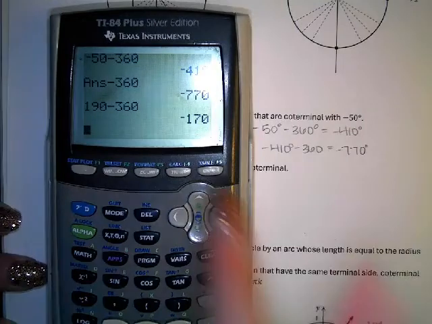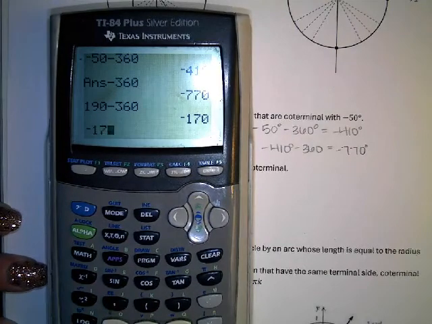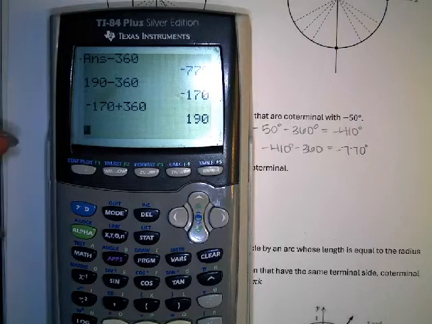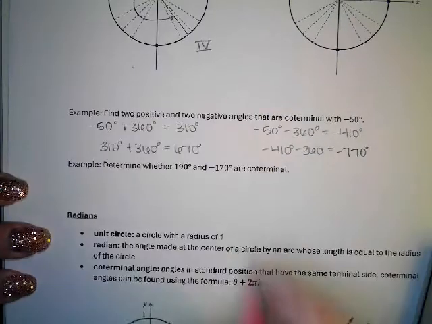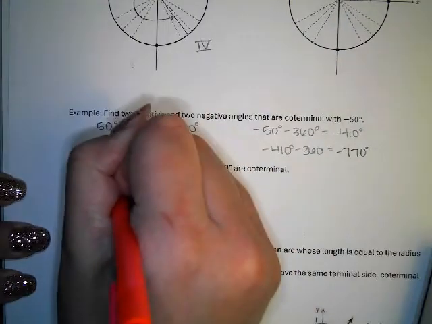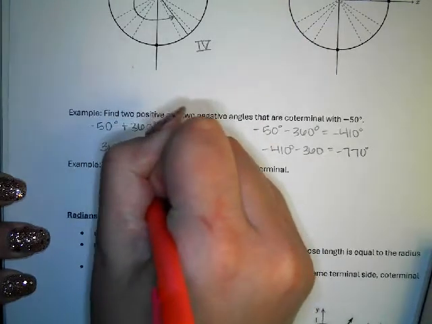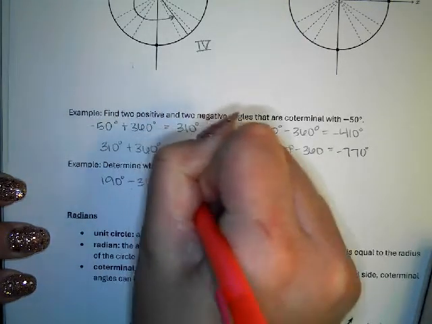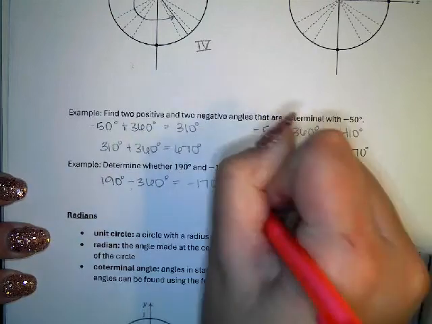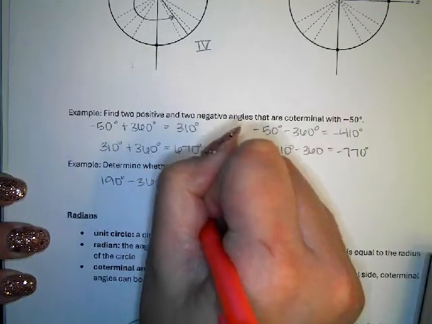Or I could start with -170 and add 360 and see if that gets me to 190. Either way, it does, and so I have confirmed that they are coterminal. So this is a yes, they are coterminal.